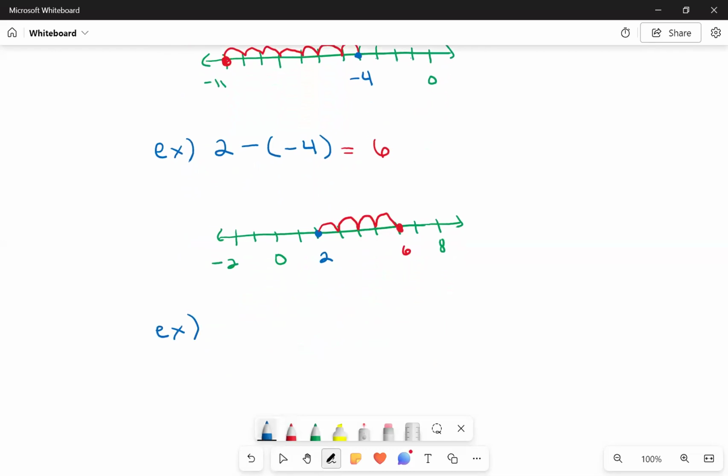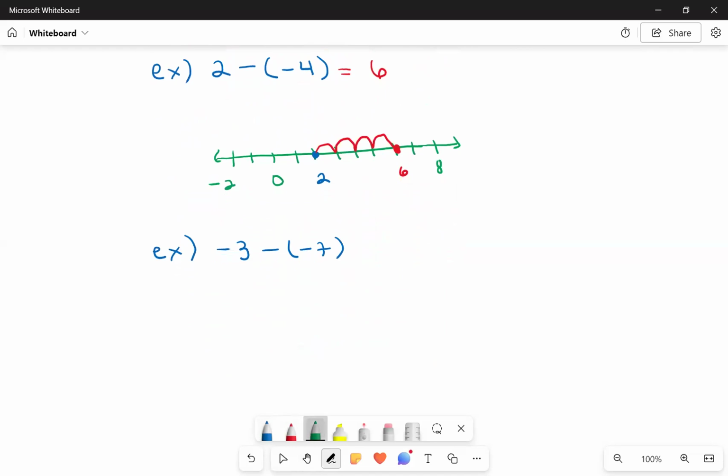And let's do one more. Negative 3 minus negative 7. If you want to pause me and do that yourself, great. Go for it. Okay, I'm going to start at negative 3, which is right here.